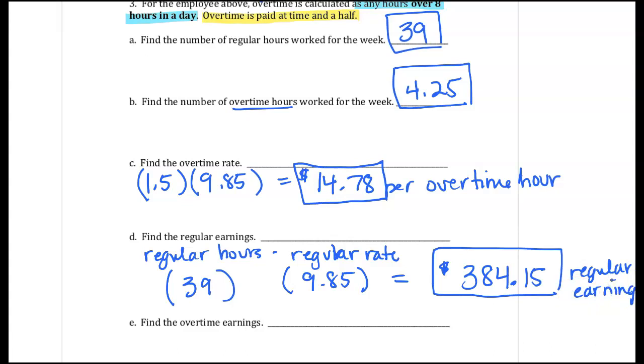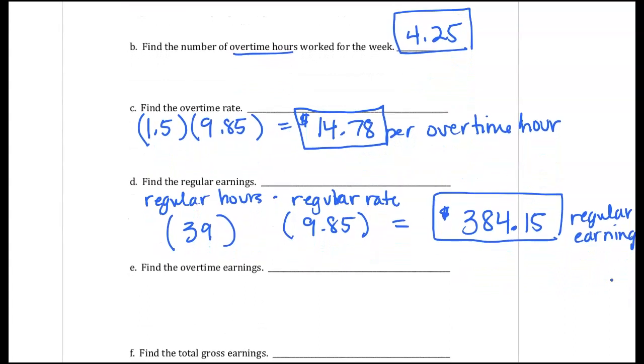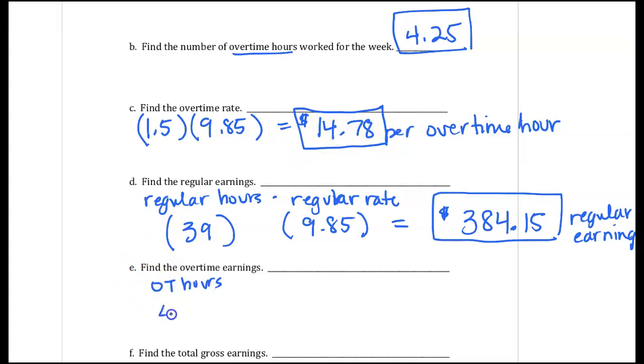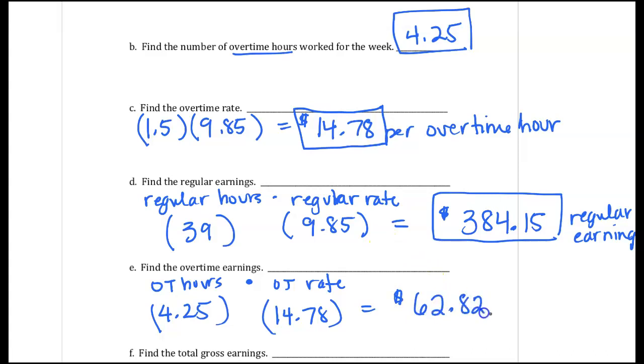To calculate our overtime earnings, we're going to take our overtime hours times our overtime rate of pay. Our overtime hours were 4.25 hours, and our overtime rate of pay was $14.78, giving us a total of $62.82.